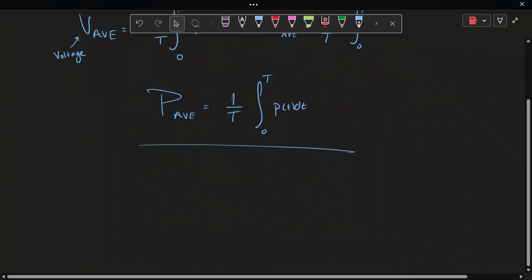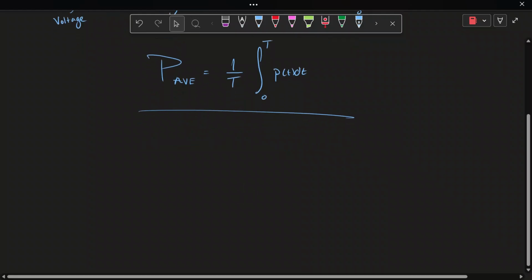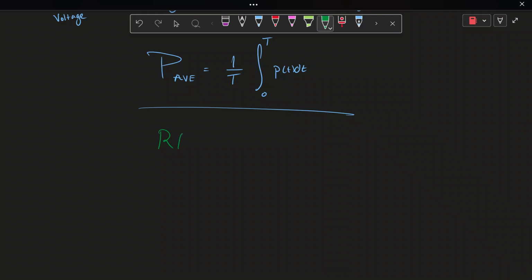But remember before I was talking about sinusoidal waves where the average value is 0. There has to be a better way of describing a sinusoid's, quote unquote, average value. This is where they come up with the idea of the root mean square value, the RMS value. Instead of taking the average value, they do this thing called the root mean square, the RMS.